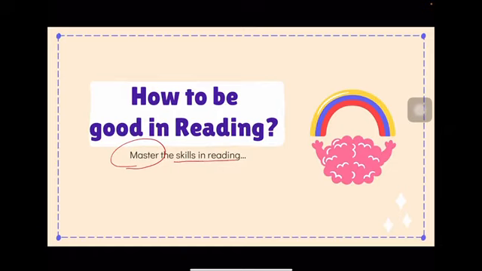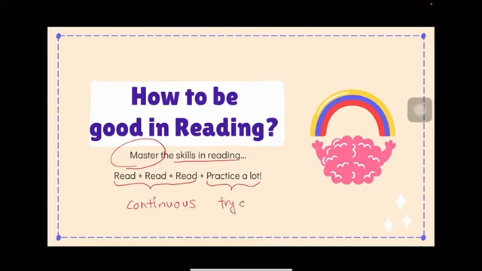At the same time, of course, practice makes perfect. Read and read and read; it requires continuous effort. When you want to practice for tests, you need to try out past year questions or any reading comprehension questions.